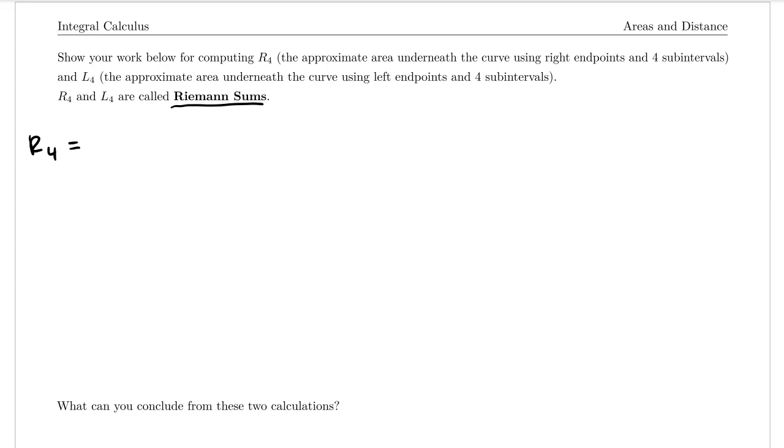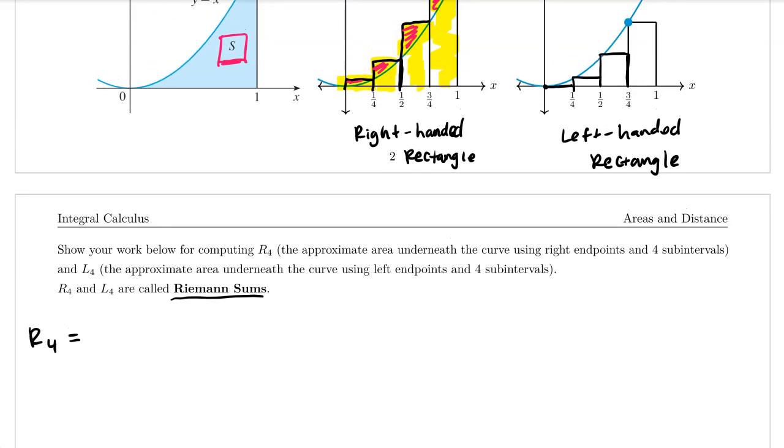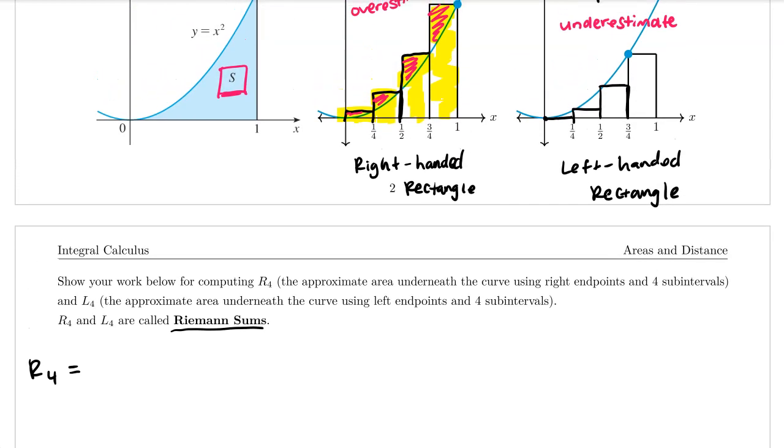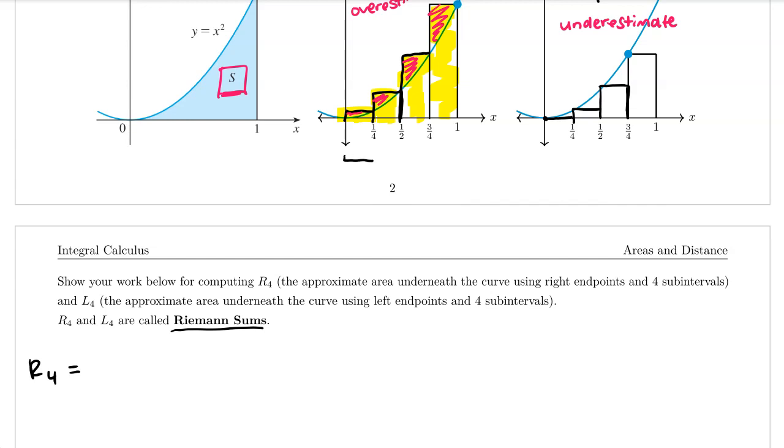Coming back to our picture above, we know that the area of each of these rectangles can be calculated by figuring out the width. In this case, the distance from 0 to 1/4 is 1/4. Same thing, the width from 1/4 to 1/2 is 1/4. These all have a base length or width of 1/4.